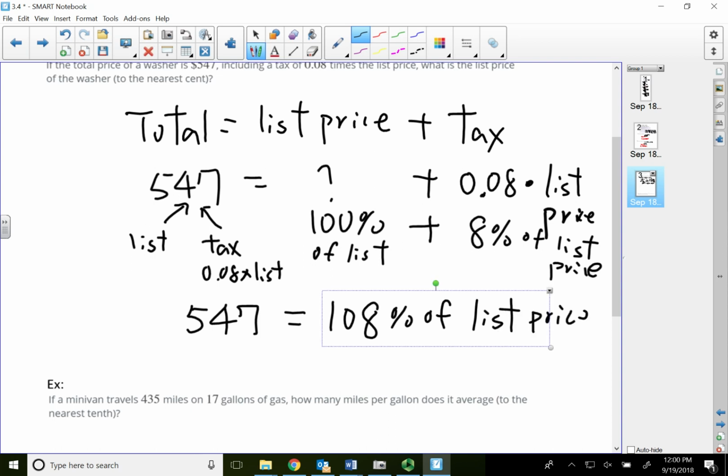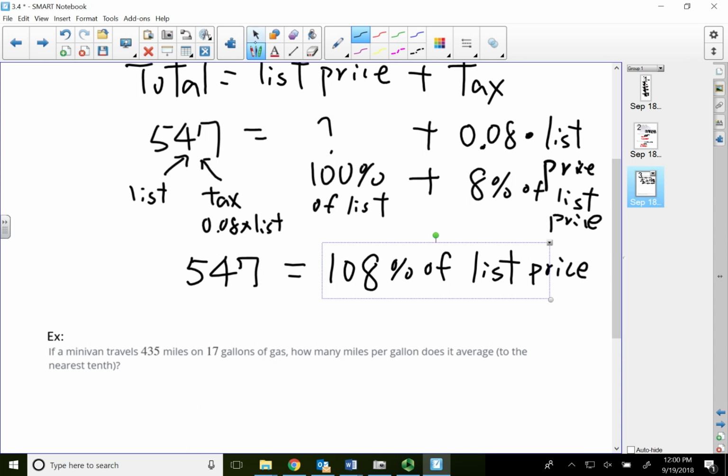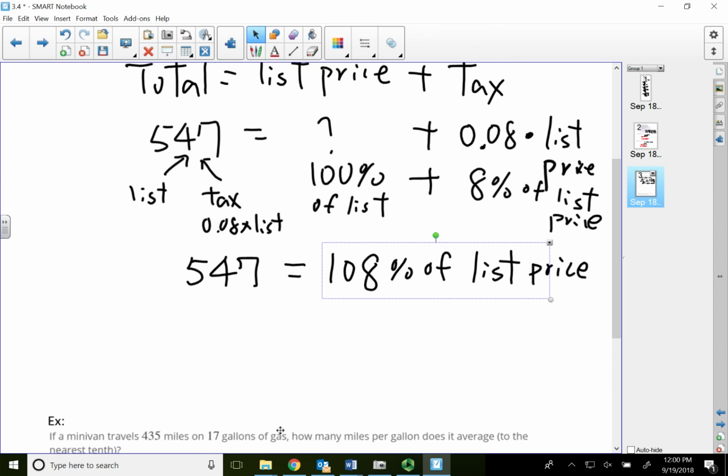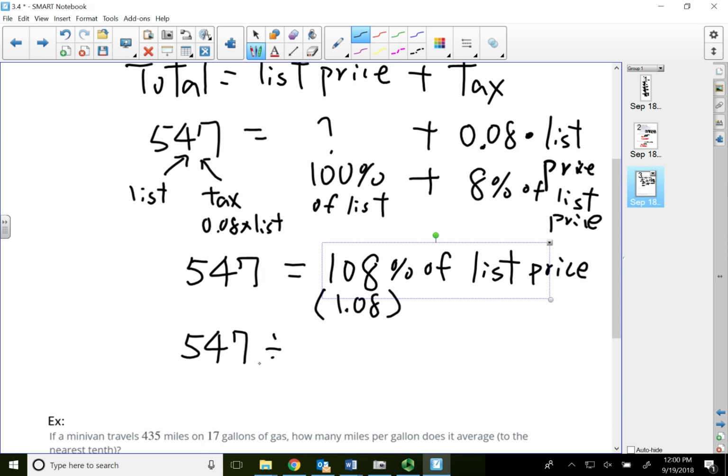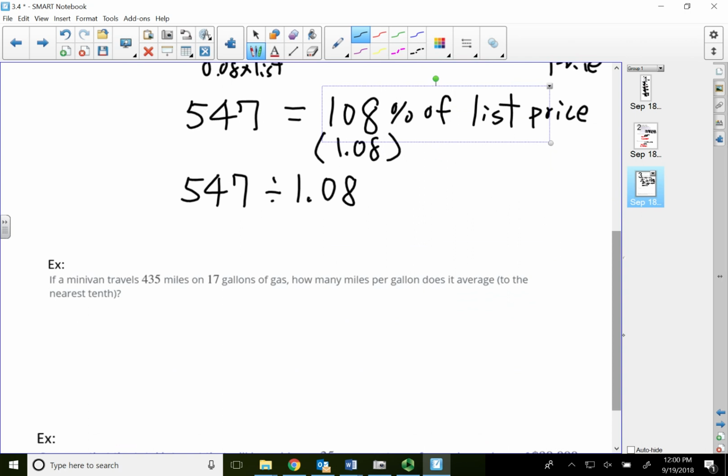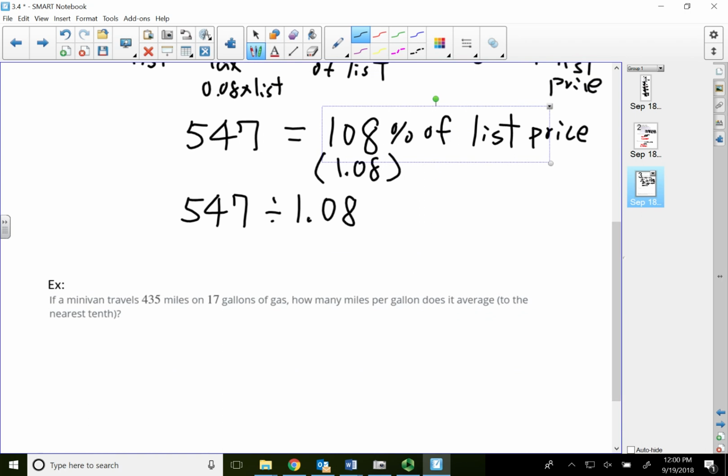All right, so if it's 108% of the list price, then we will actually divide it by 108%. And 108% in terms of a decimal is actually 1.08. So this problem, we are going to take the 547 divided by 108%, which is 1.08. Okay, kind of strange little problem. It's actually a very good problem.